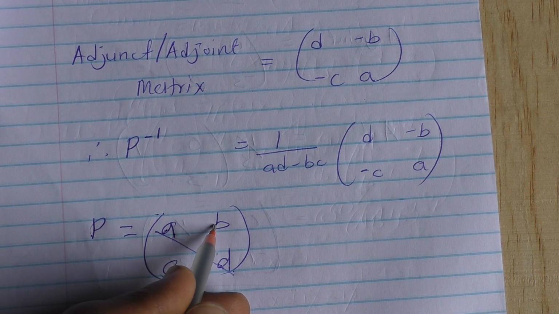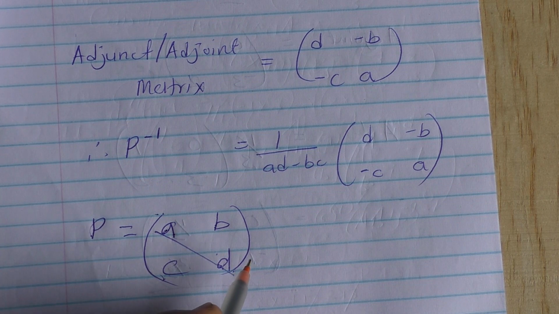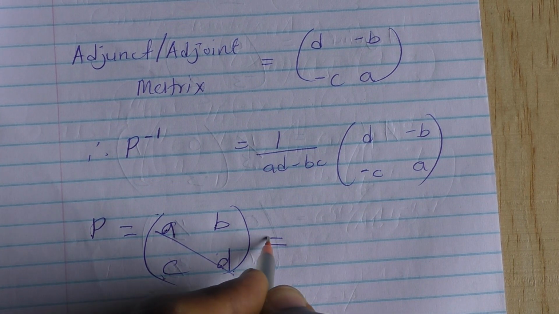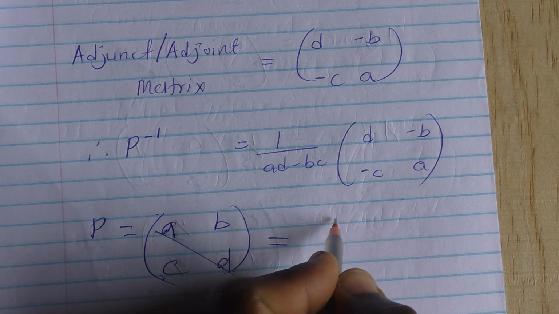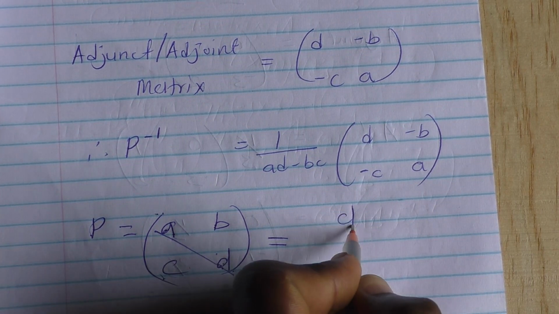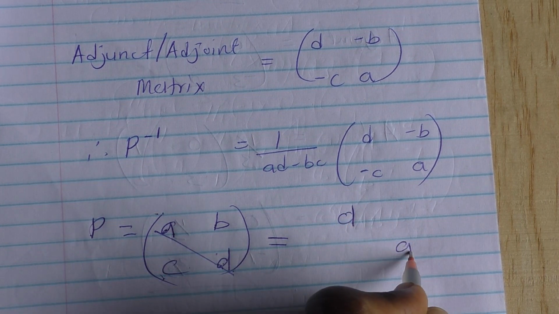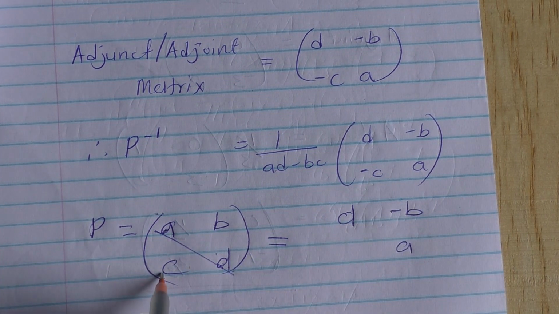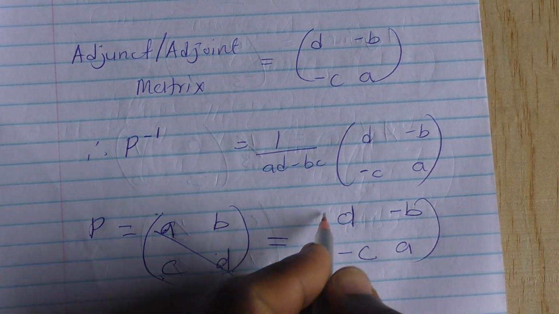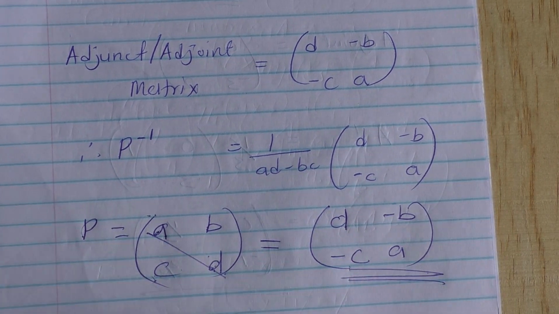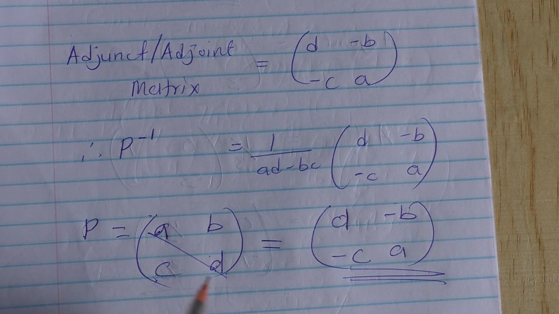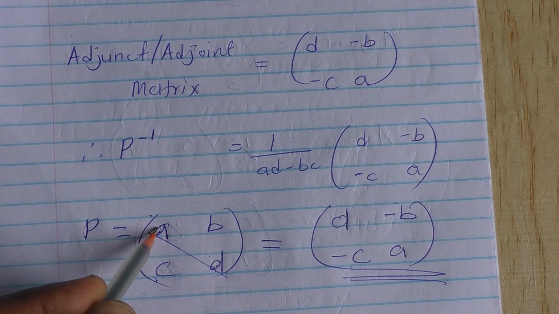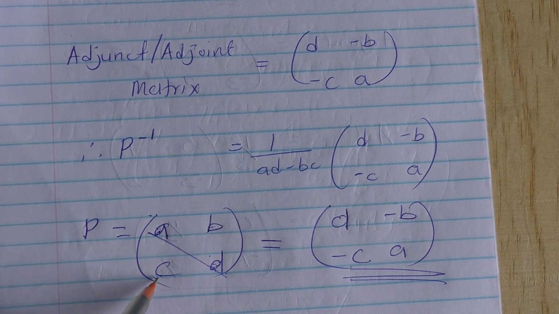They are all positives, therefore they become negatives. So the adjoint of P is given by D going up and A coming down. Then positive B becomes negative and positive C becomes negative. So this is how we get the adjunct or adjoint matrix. The elements in the major diagonal change positions. Those in the minor diagonal change signs to get the adjunct.